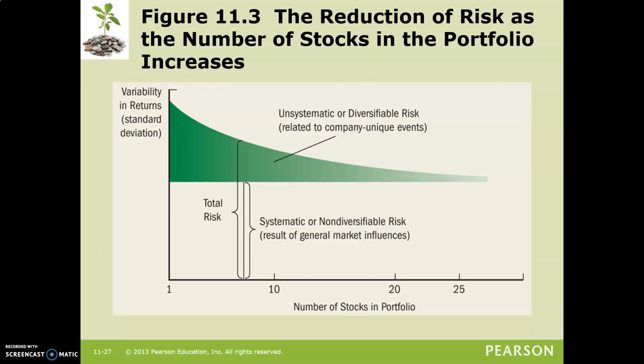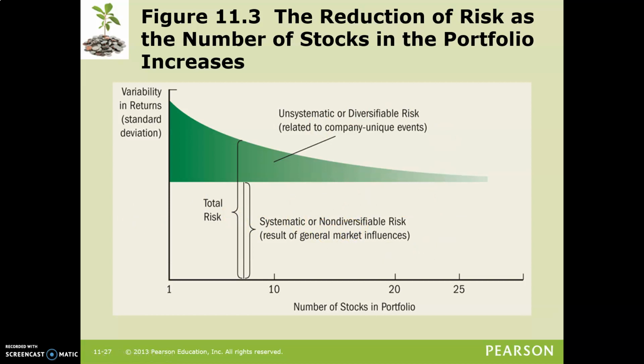So this figure 11.3 shows the reduction of risk as the number of stocks in the portfolio increases. The more stocks you have in your portfolio, the smaller the risk attached to it. However, this graph shows that there are certain risks that you cannot diversify away.